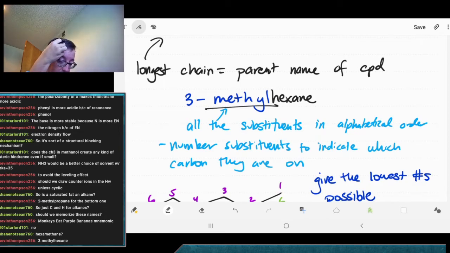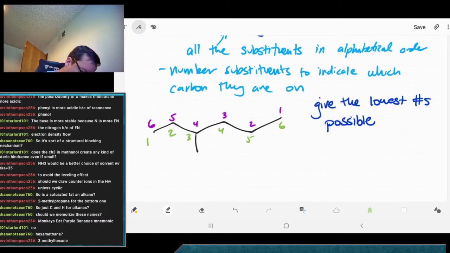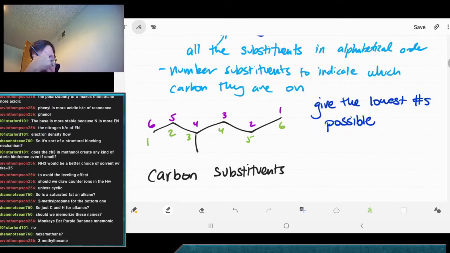Notice we have this substituent name that's changed slightly. So carbon substituents will change. You'll take the ane and make it yl.